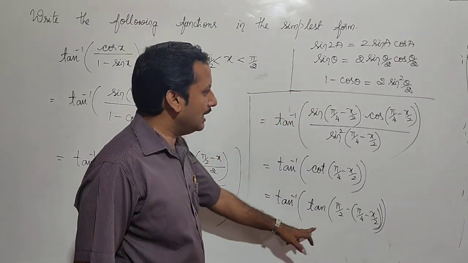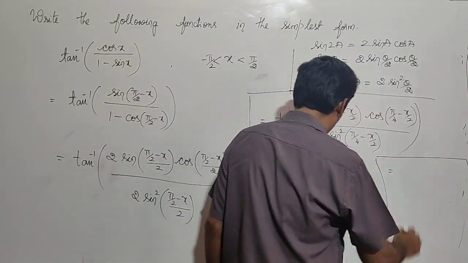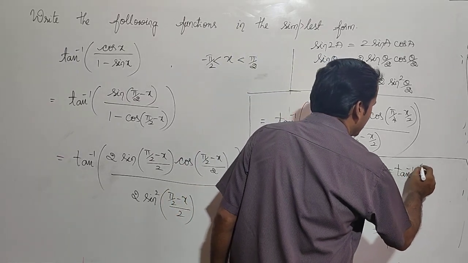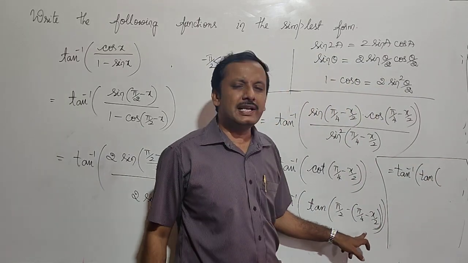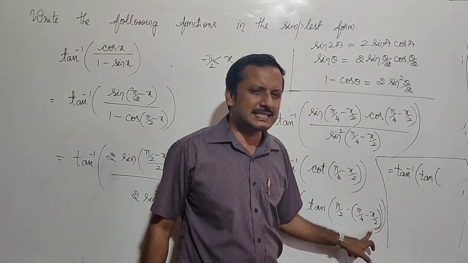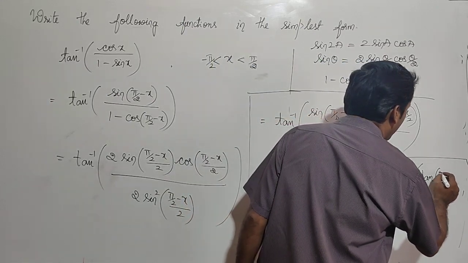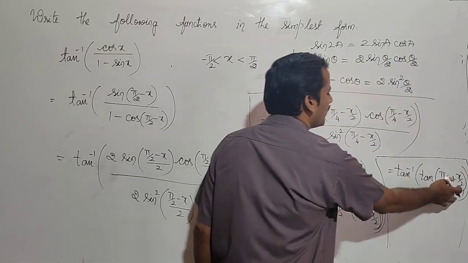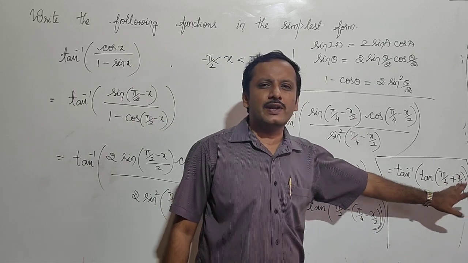Okay. So let us simplify that. That's equal to tan inverse of tan of, on simplification, pi by 2 minus pi by 4 plus x by 2. Pi by 2 minus pi by 4 will become pi by 4 plus x by 2. So tan inverse of tan pi by 4 plus x by 2, it looks like tan inverse of tan y.